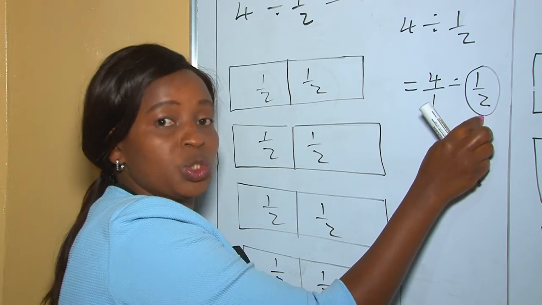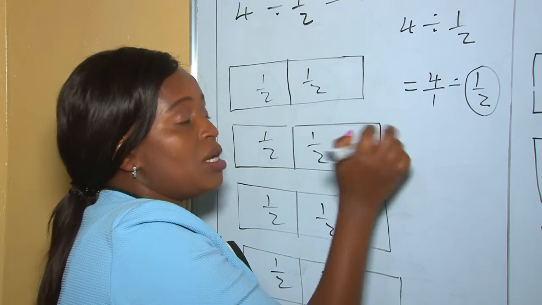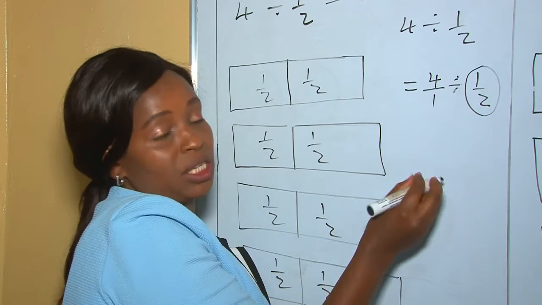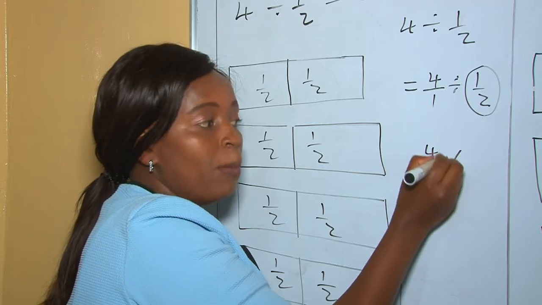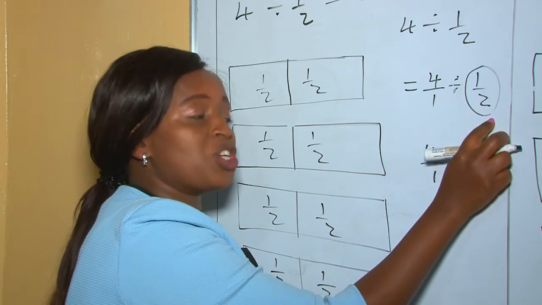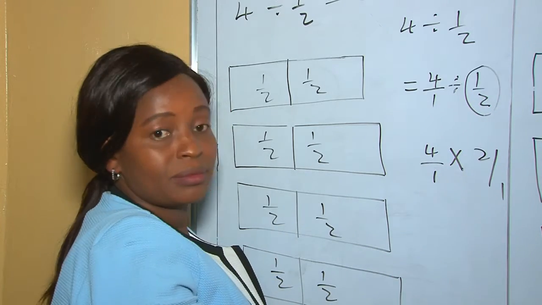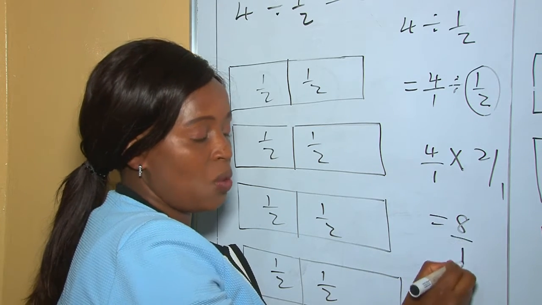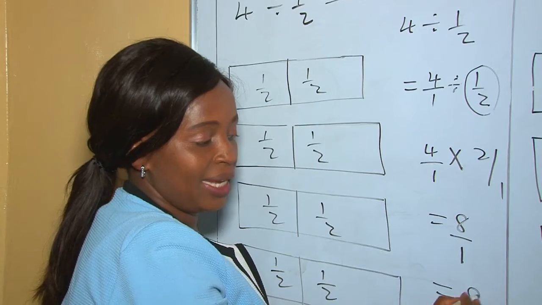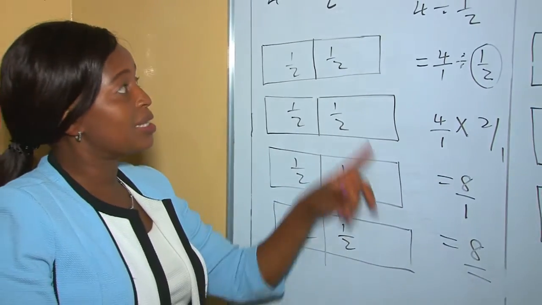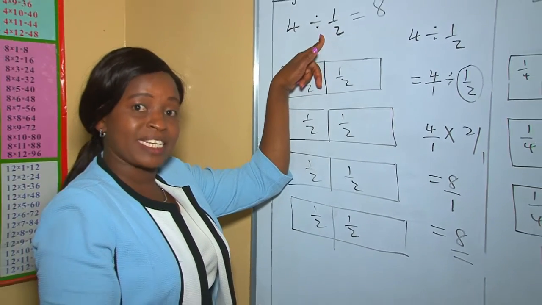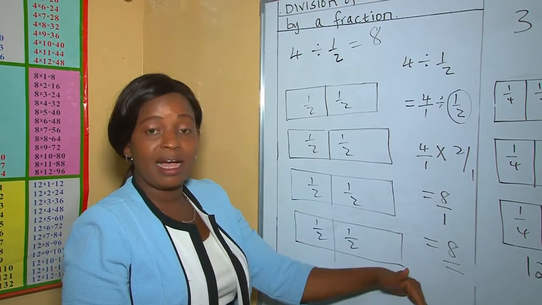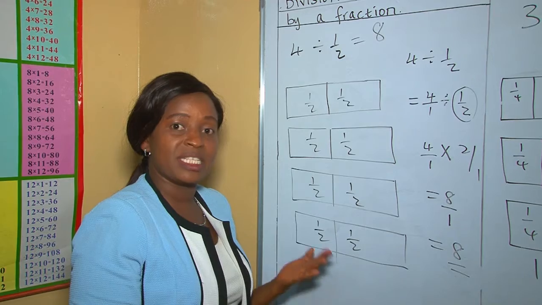Once you change to the reciprocal, the sign also changes from division to multiplication. So 4 over 1 multiplied by the reciprocal of our second fraction, which is 2 over 1. 4 times 2 is 8, and 1 times 1 is 1. 8 divided by 1 is 8. We are still getting the same answer as when we do it practically. So you can use this formula, or you can use the other approach. You are at liberty to choose which one is easier for you.